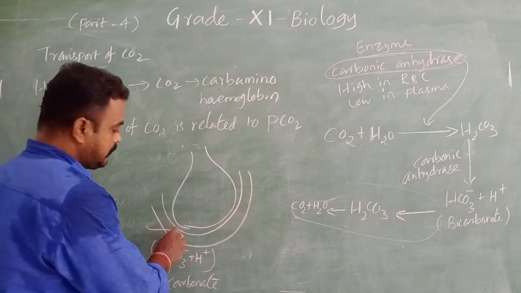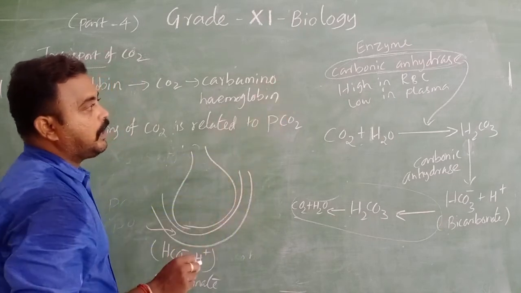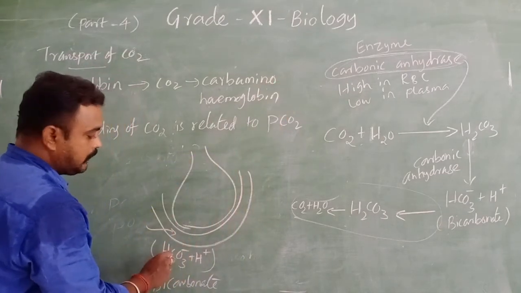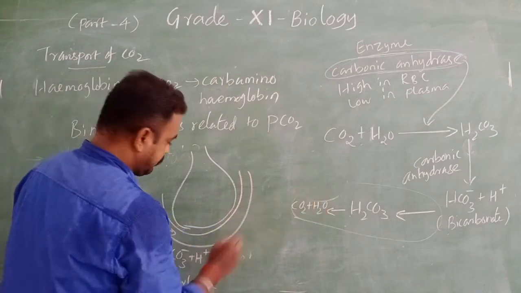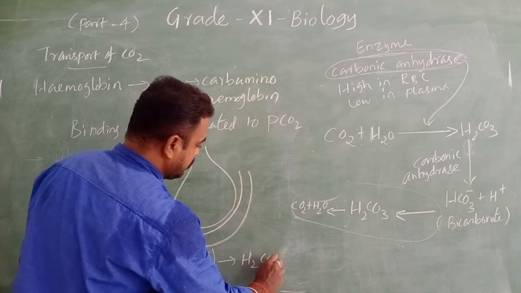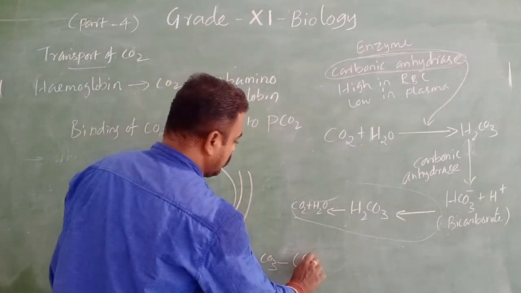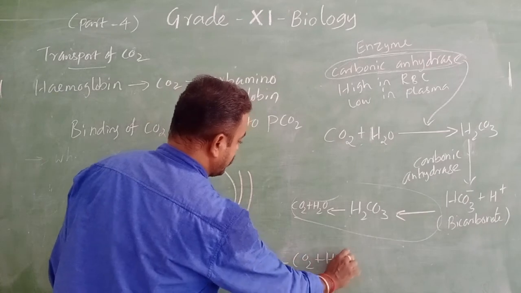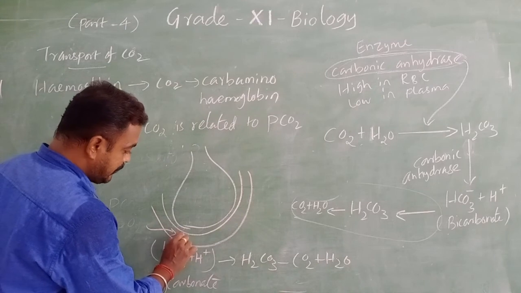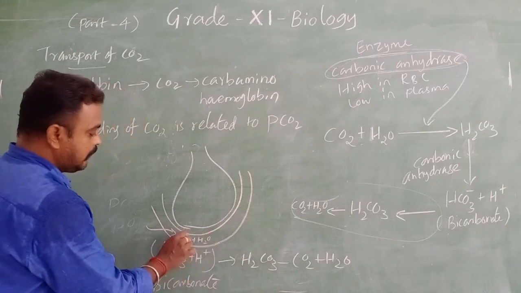Here in RBC we have carbonic anhydrase. That enzyme converts the bicarbonate into H2CO3, carbonic acid. Again it is converted into carbon dioxide plus H2O.